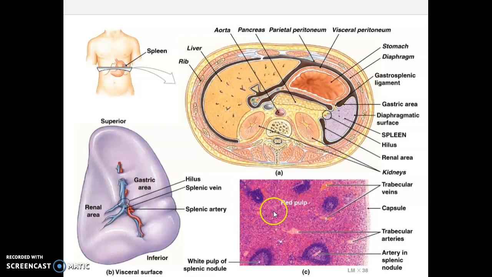Now the red pulp is basically where the blood is being filtered through the spleen, and one of the major things we're doing in the red pulp is removing the old red blood cells that have been circulating for around 120 days and become damaged. So we filter them through the red pulp and remove and recycle parts of the old red blood cells. But the white pulp is where we tend to have our white blood cells hang out, very similar to what they did in our lymph nodes.